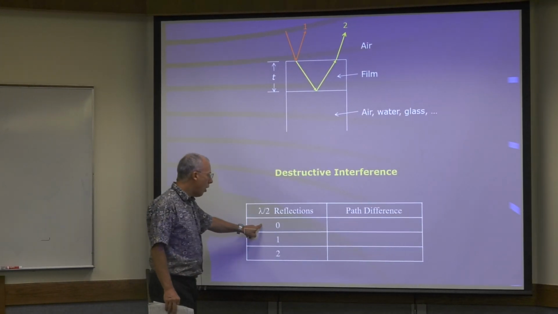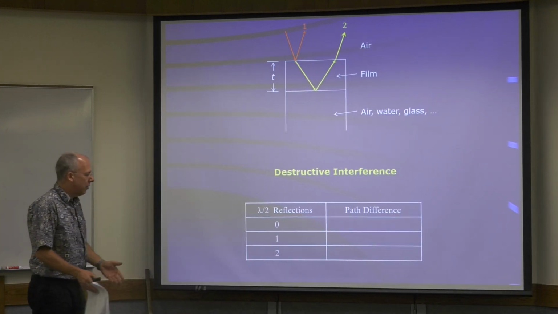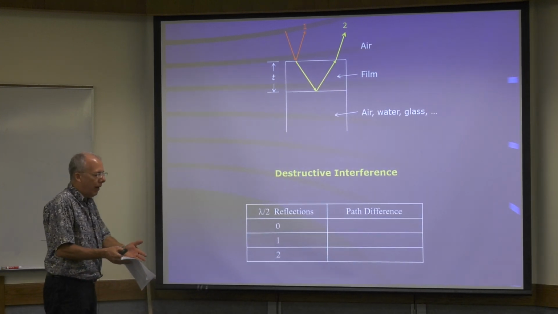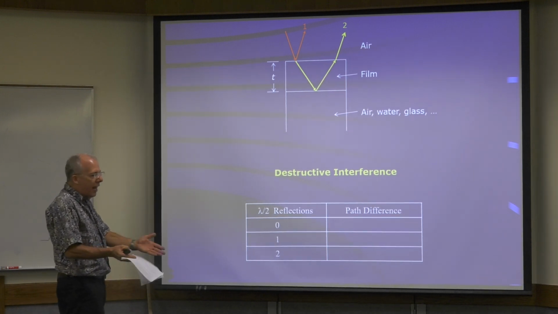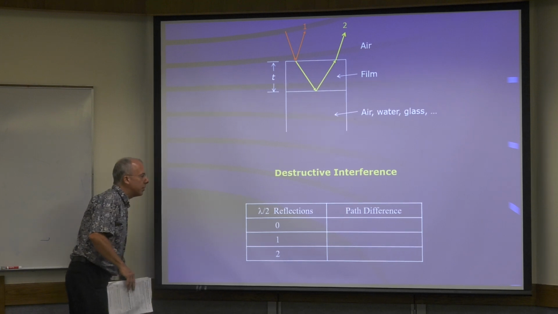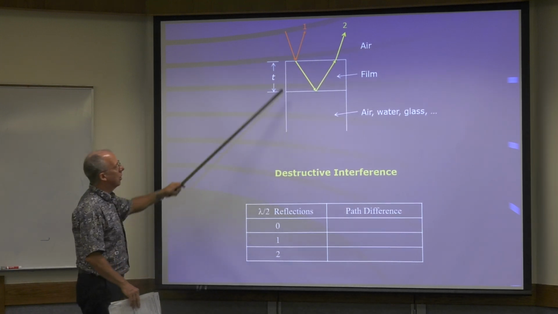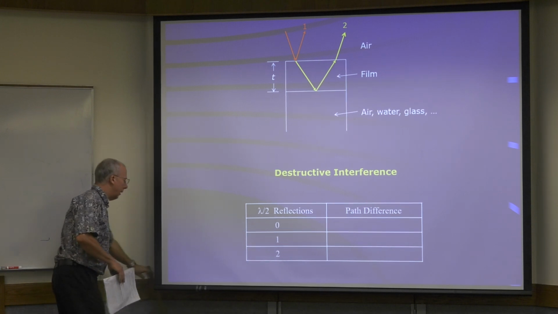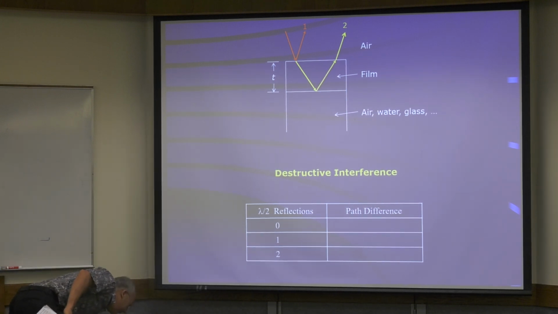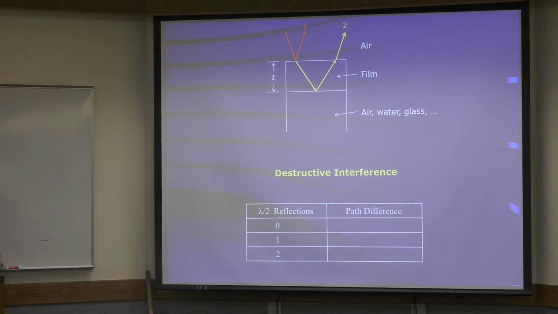If there are no flips, that means they're on the same path, right? If there are no flips, the only thing that's different about 1 and 2 is the path difference. Agree? Because 2 is traveling 2t more than 1.